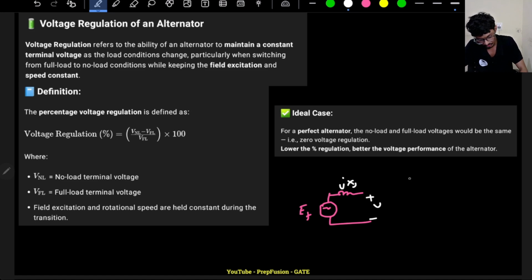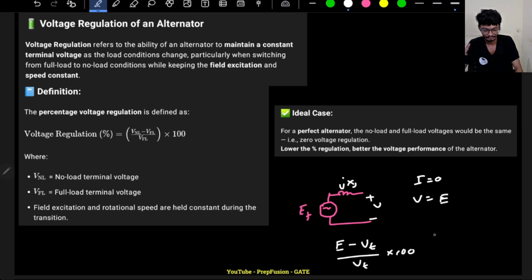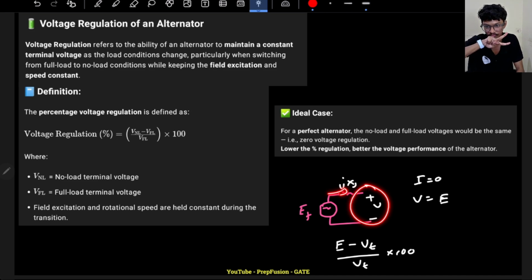The no-load voltage will be when I is equal to 0. When I is equal to 0, V is equal to E. So the formula for voltage regulation becomes E minus Vt divided by Vt into 100. Because at full load, some armature current will flow and I will get the full-load voltage, that is Vt.